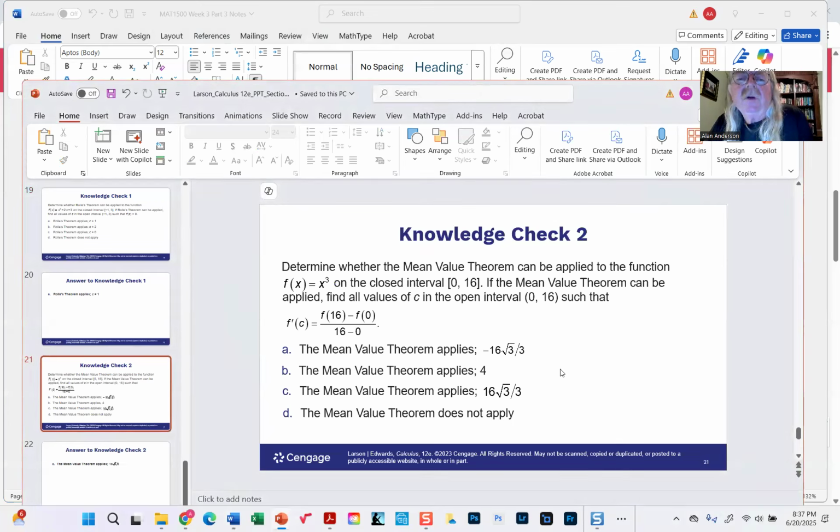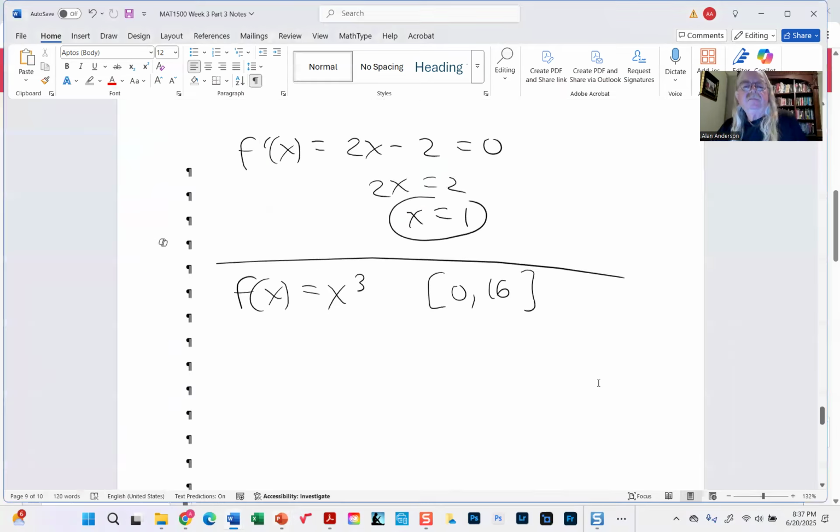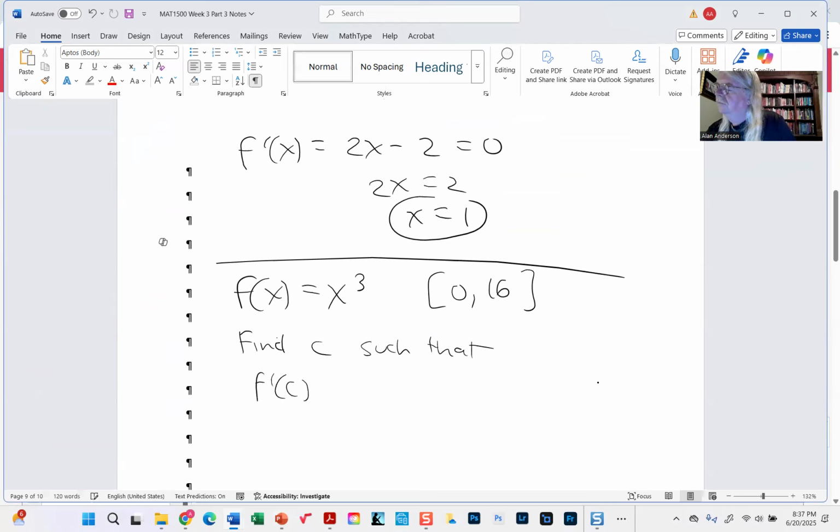They're aiming to find the values of c such that f prime of c equals the average slope.